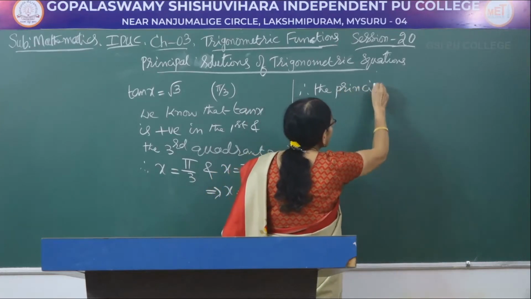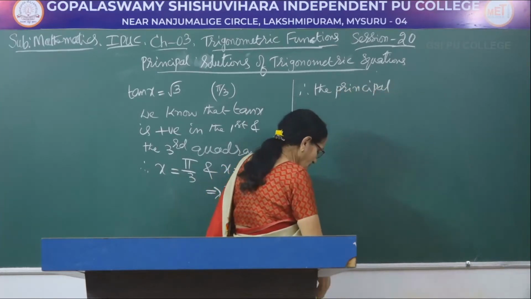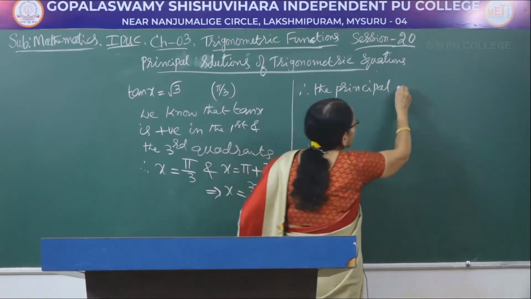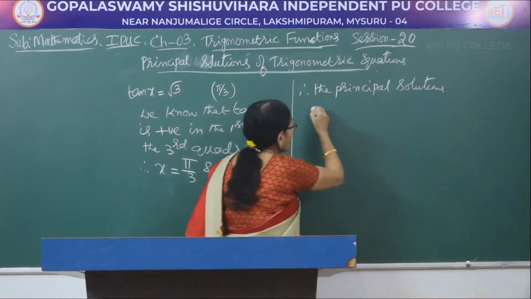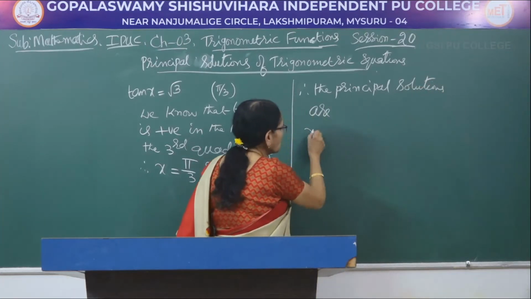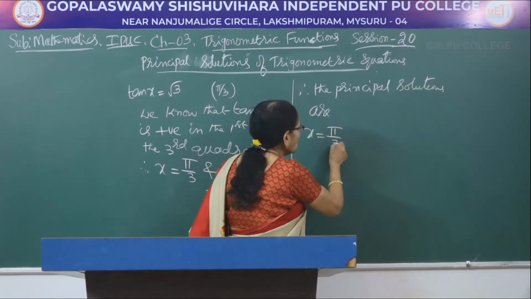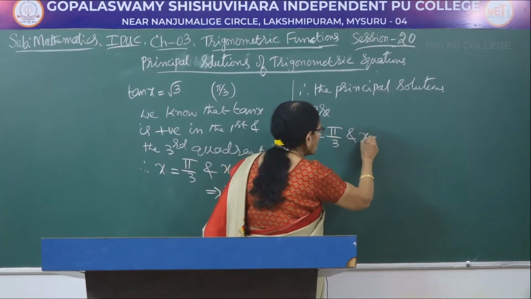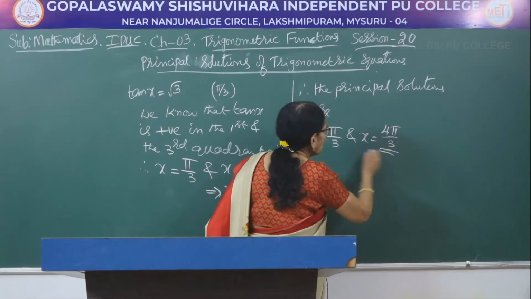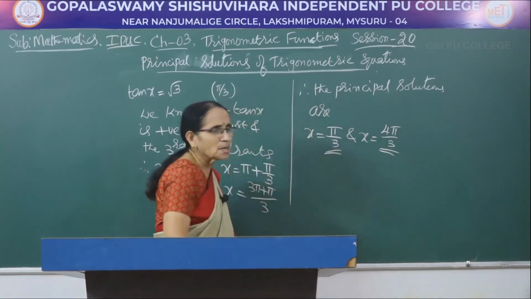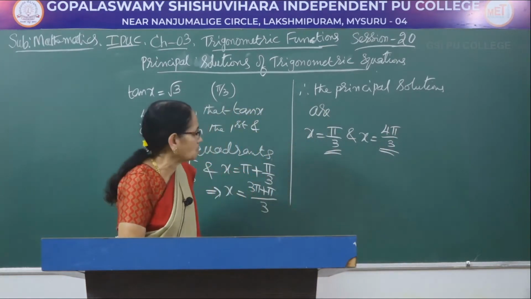The principal solutions are: first one is x is equal to pi by 3 and x is equal to, after simplification, 4 pi by 3. So usually it can be given for a 2-mark question, that's all.